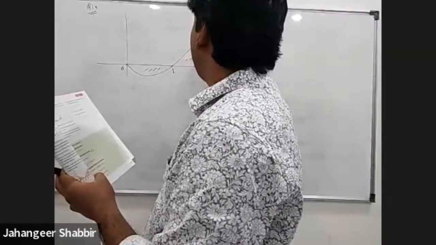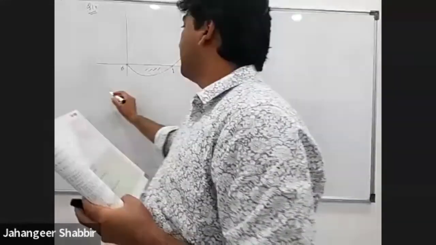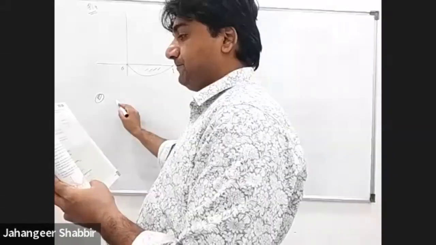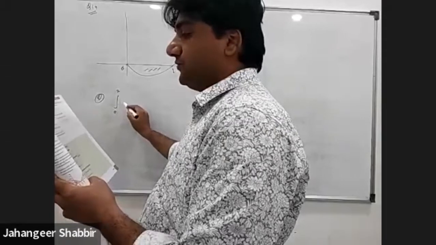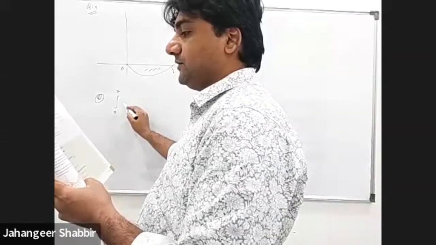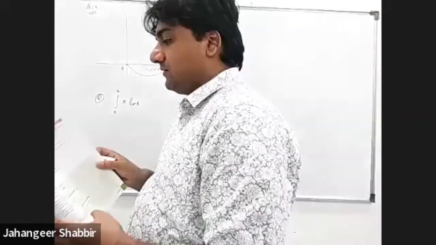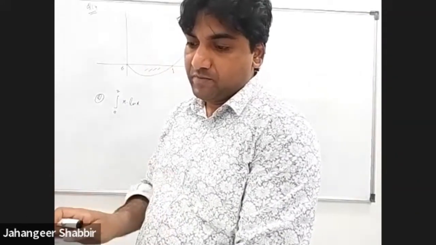This is y equals x ln x. So part A is the integral from 0 to 2 of x ln x dx. This is integration. Have we done the by parts method?